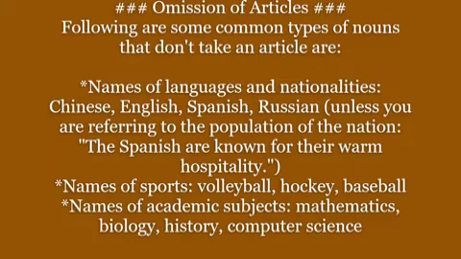They are names of languages and nationalities like Chinese, English, Spanish, Russian, unless you are referring to the population of the nation. That means when we refer to the population of the nation, we can use the: the Spanish are known for their warm hospitality. This was the example.